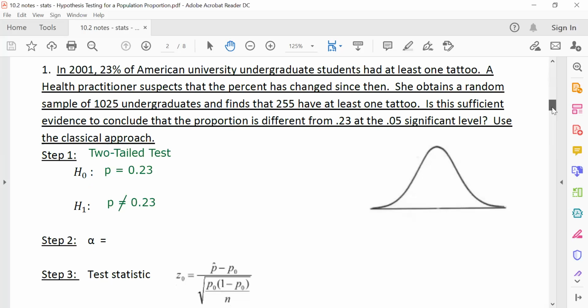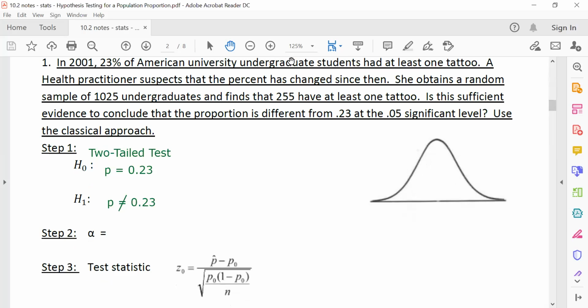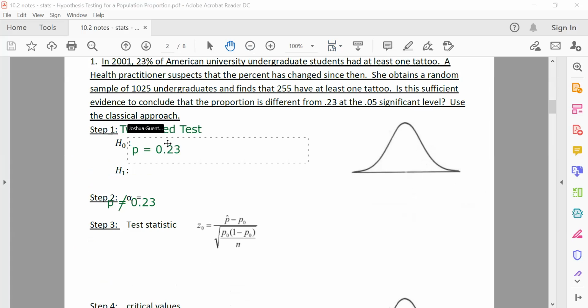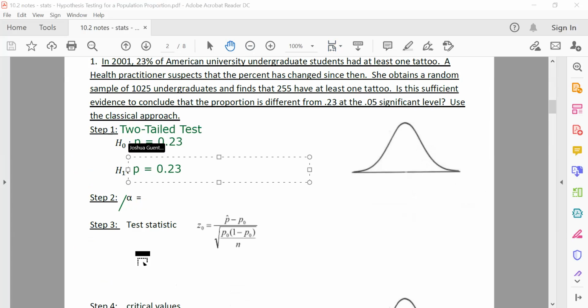Let's go back in time and put it where it belongs. We're actually going to need a little more space than this. And then our slash. So it's a two-tailed test.